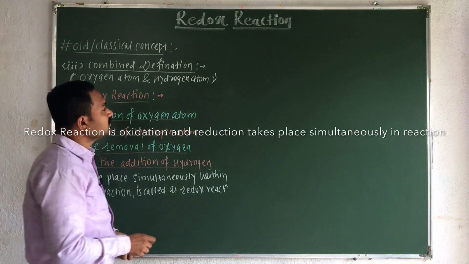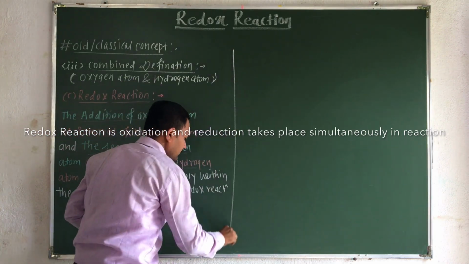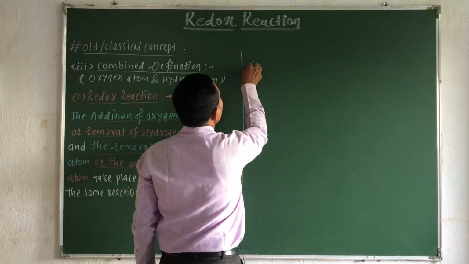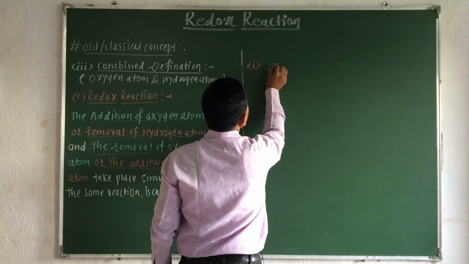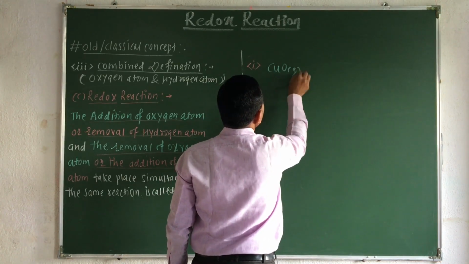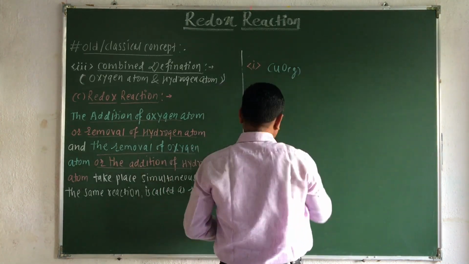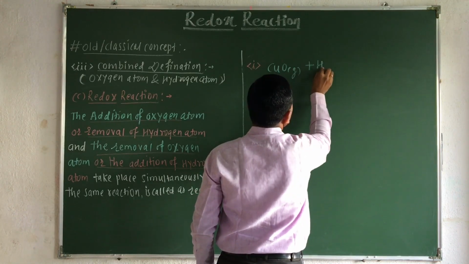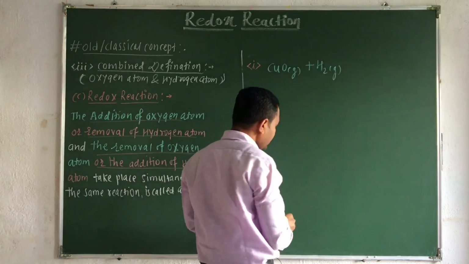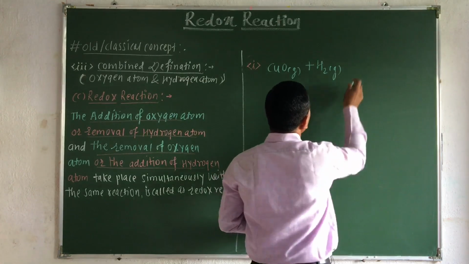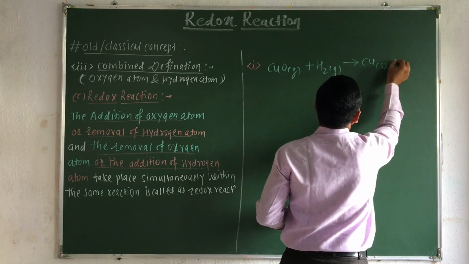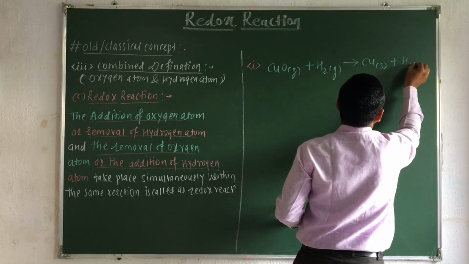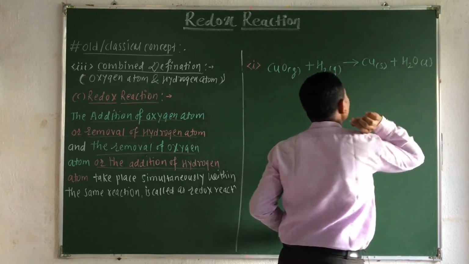Now let us consider an example. If I consider copper oxide, CuO, when it is passed over hydrogen gas, H2 gas, it gives Cu in solid plus H2O in liquid form.